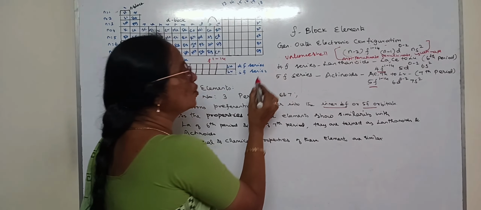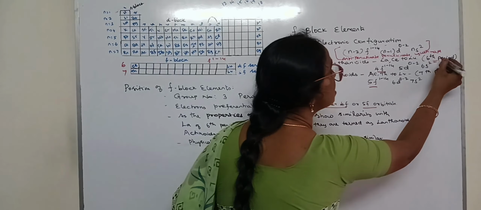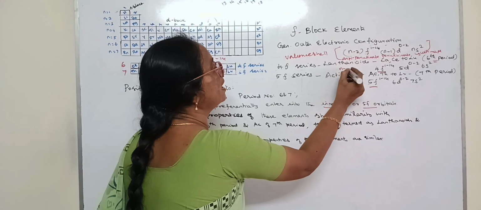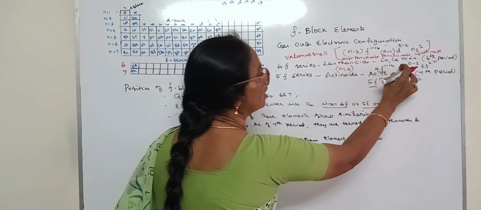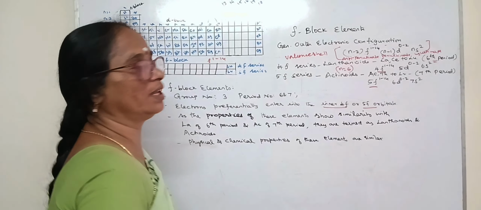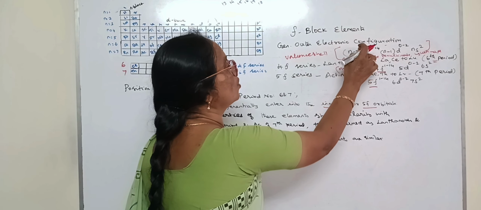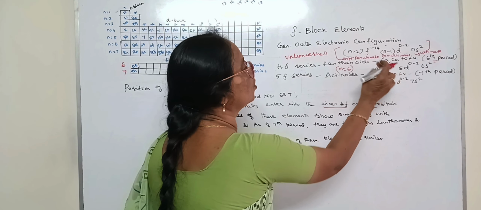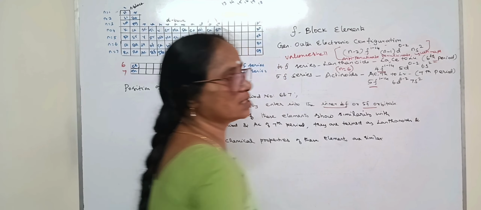When we have the 4f series, I said this belongs to 6th period. So where n equals 6, substitute in this formula, you will get the electronic configuration for the lanthanide series. (n-2), n equal to 6, 6 minus 2 equals 4, 6 minus 1 equals 5, and 6s2.